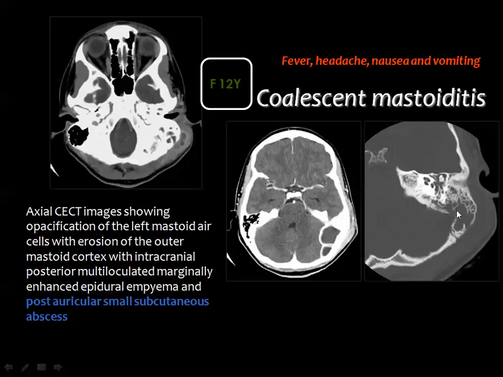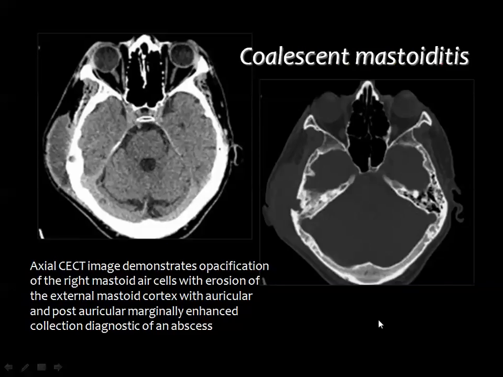Also, there is erosion of the inner wall of the mastoid, with consequent extension of the inflammatory process in the posterior fossa, leading to an epidural empyema, and also extension of the inflammatory process subcutaneously, leading to the formation of abscess and edema and swelling of the related soft tissues.